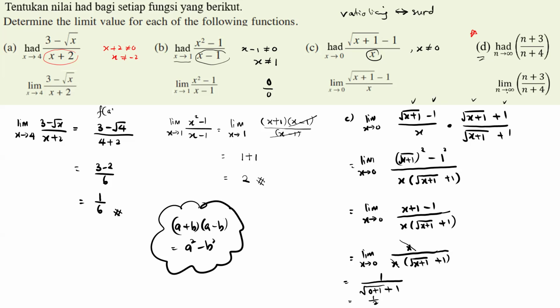Now, this is when you have infinity. When you have infinity over infinity, it can be solved. But we will take the concept of 1 over infinity equals 0. This is the concept that we are applying. For example, 1 over 10 is 0.1. 1 over 100 is 0.01. 1 over 1000 is 0.001.